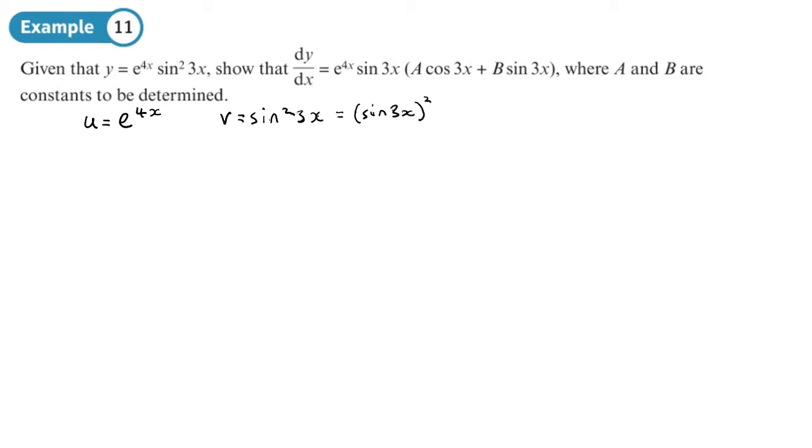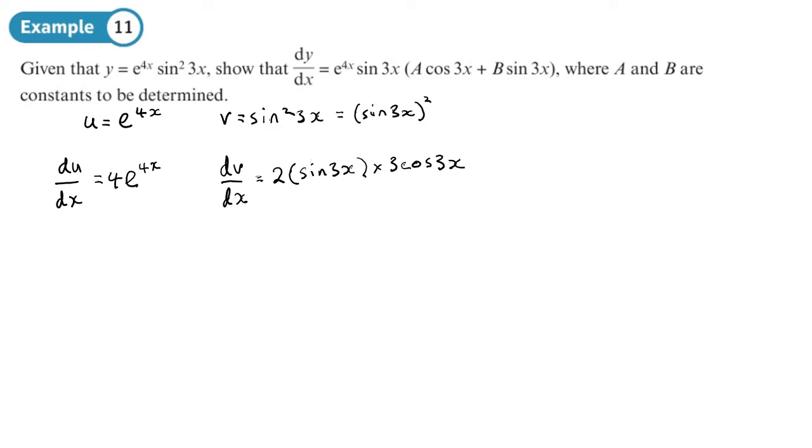So my du dx, or u dash, would be 4e to the 4x, using that rule that we had, and the dv dx, or the v dash, is going to be, we differentiate the outside, so it becomes that. The inside doesn't change, and then we multiply by the inside differentiated. So there's lots of rules going on. Sine 3x differentiated becomes 3 cos 3x.